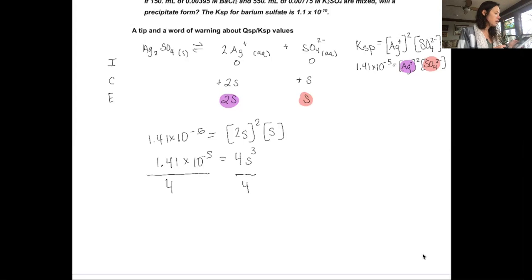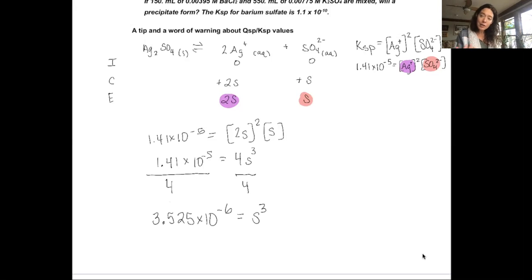Okay, I got it. So we divide by 4, sorry guys, and when we divide by 4, it gave us 3.525 times 10 to the negative 6 equals S cubed.